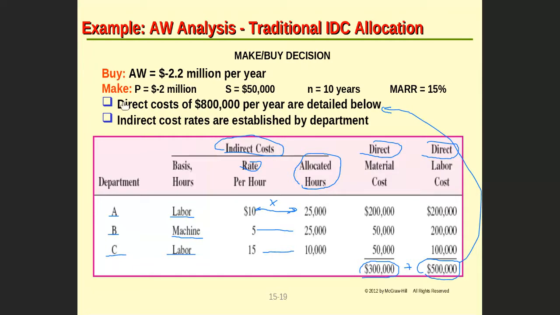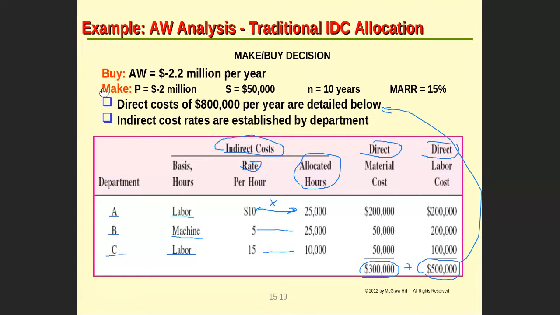But the making option consists of two parts. The fixed one, which is the cost given here for the principal and the salvage, and the direct and the indirect cost. The direct and indirect cost will be calculated separately and then added to the cost from the fixed part, which is the principal and the salvage.